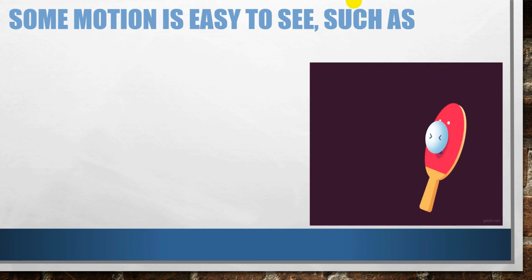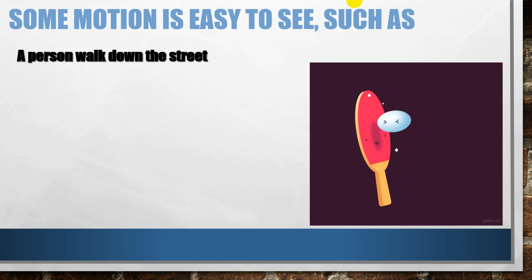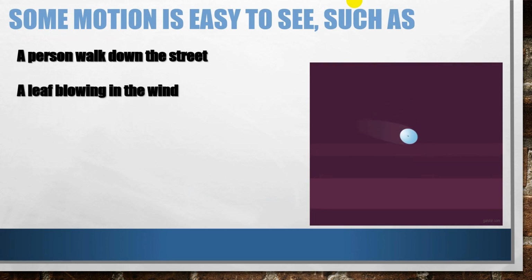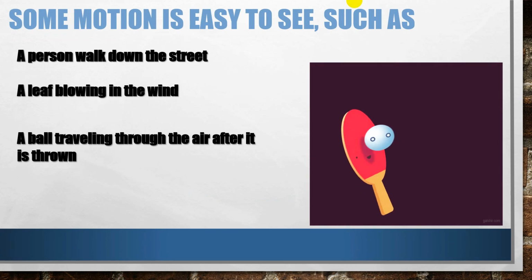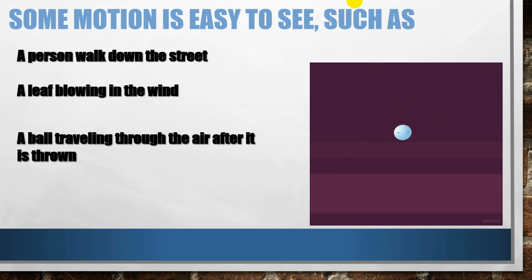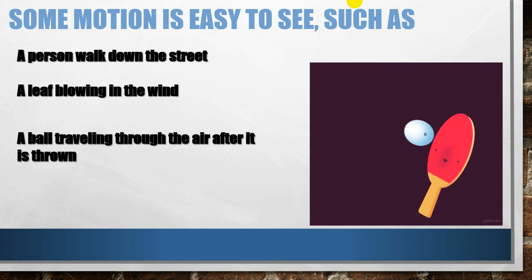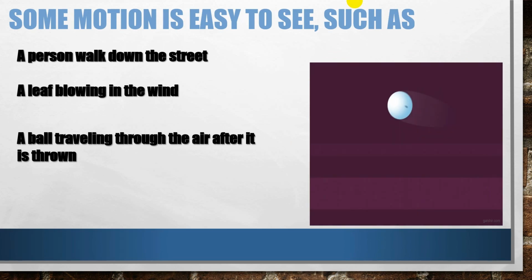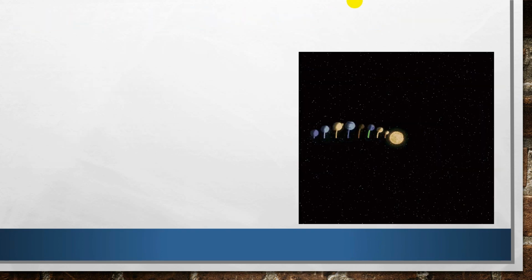Actually, some motions are easy to see, such as a person moving, for example, or a leaf blowing in the wind, or maybe a ball traveling through. So, some motions are easy to see, such as what? A person walking, or a leaf blowing in the wind, or a ball traveling through the air after it is thrown out.